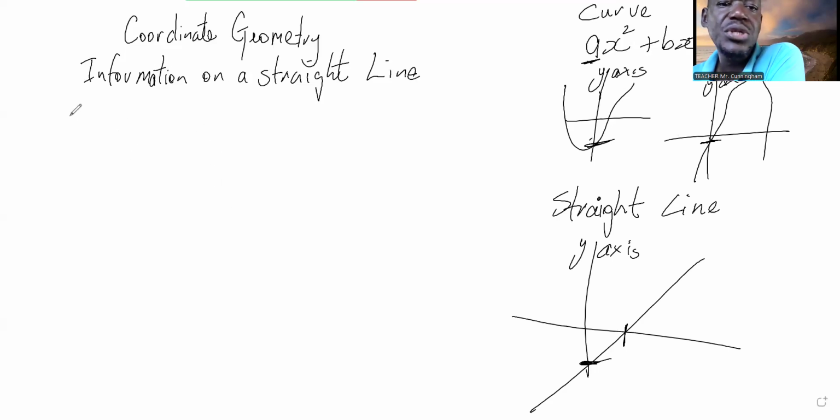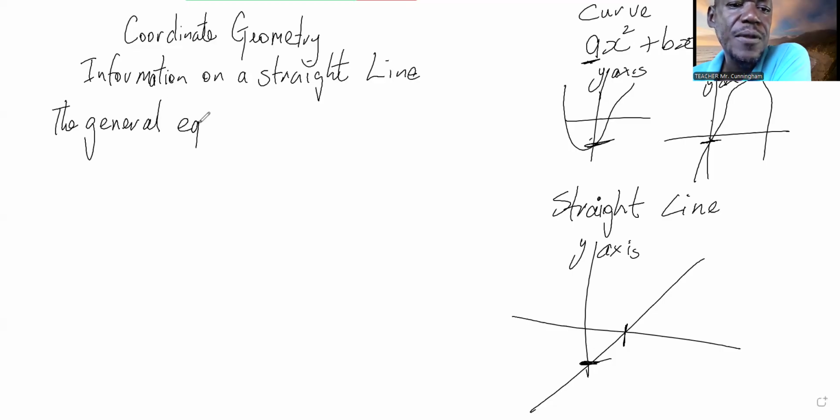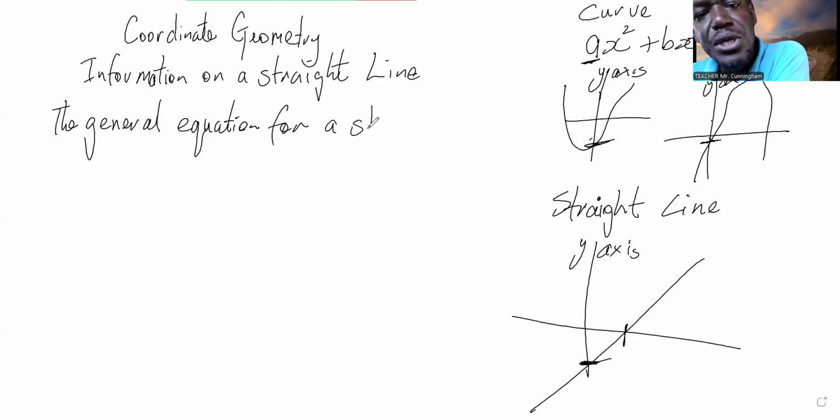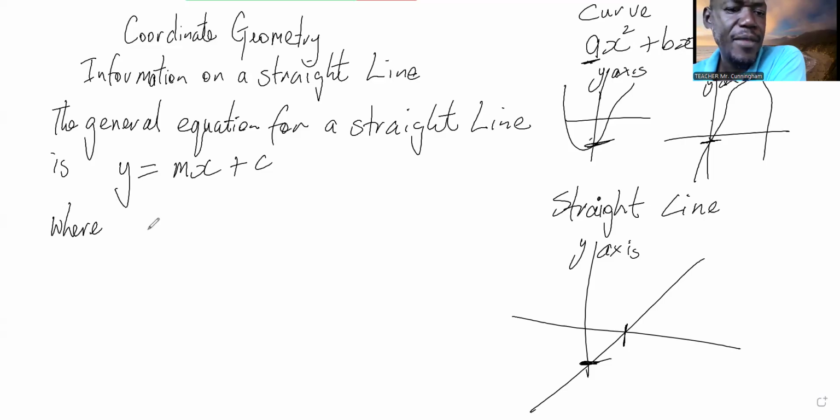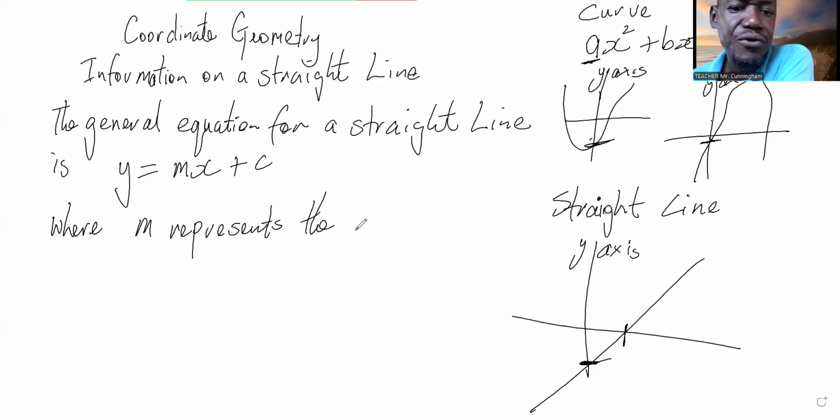All right. So the general equation for a straight line, you're taking this down, for a straight line, well, a line should be straight, is y equals mx plus c, where m represents the gradient of the line.